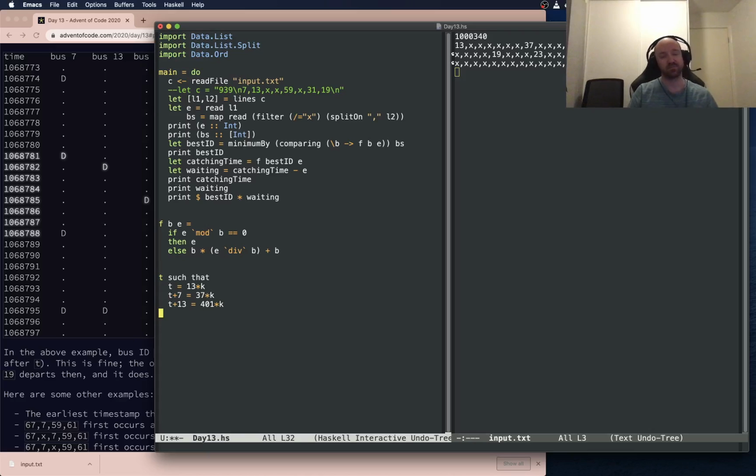So I wonder, we can also say that T is 13 times K. T is equal to 37 times K minus 7. Equivalently, we can say, I mean, these are not all the same K, by the way.